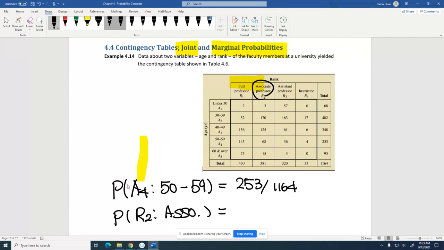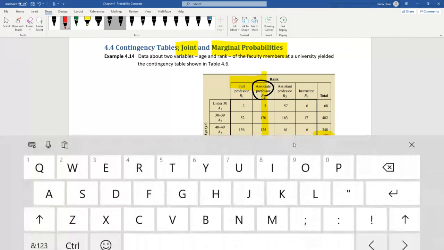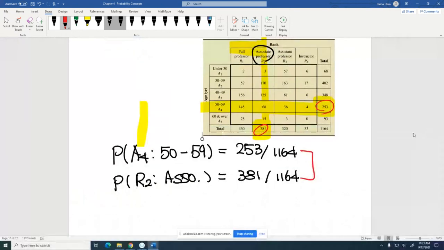So the proportion R2 is 381 associates out of 1164. So now I just take the marginal totals to get the probability. We call these the marginal probabilities.